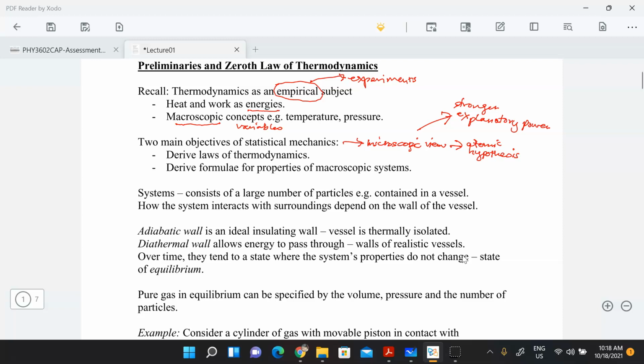For a completely isolated system, or a thermally isolated system, the walls of the vessel will be what we call adiabatic walls. This is essentially an ideal insulating wall. But as I said, this is an ideal case. Normally, walls allow some leakage of heat and things like that. So in realistic cases, we are talking about diathermal walls.